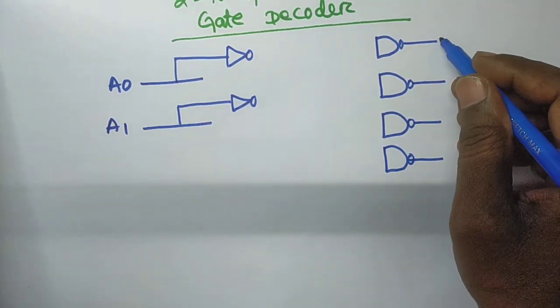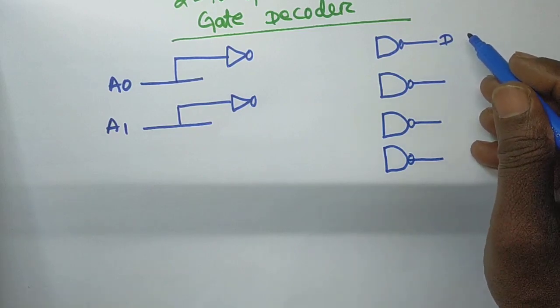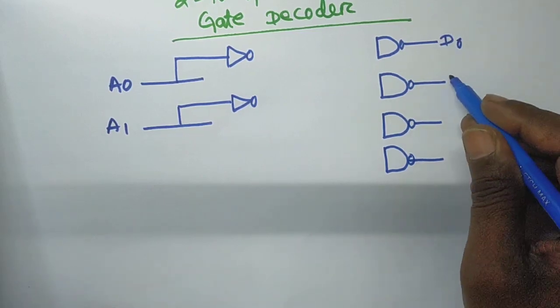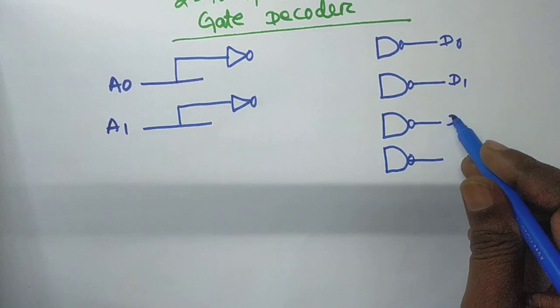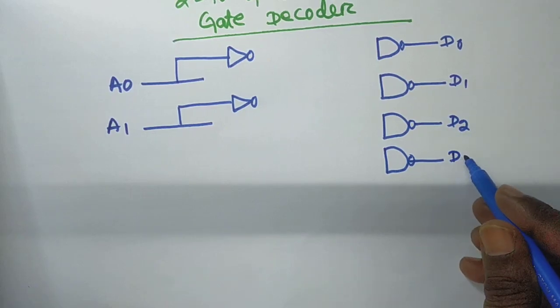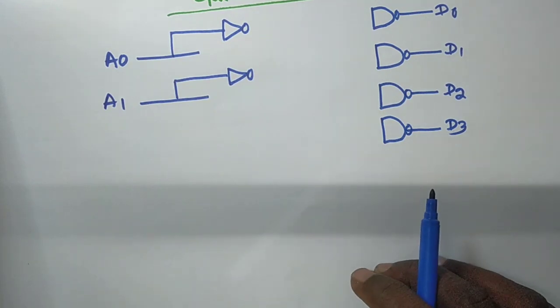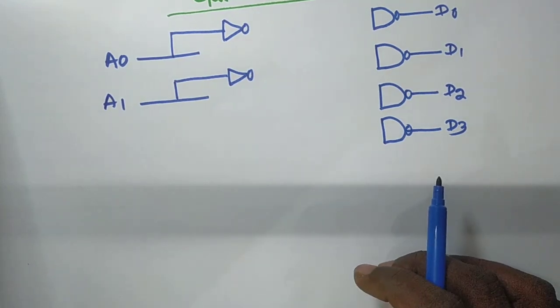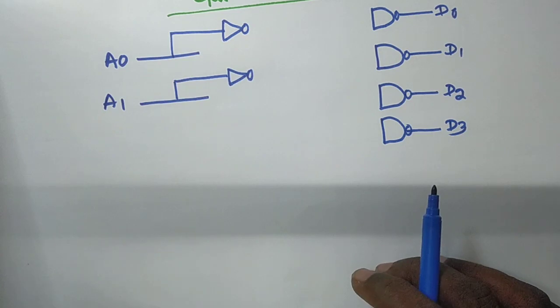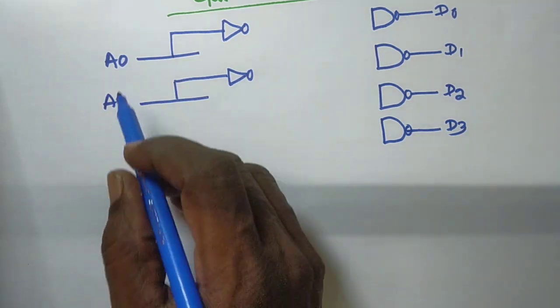These 4 NAND gates are defined through D0, D1, D2 and D3. Now we will design and connect which input goes to which output.